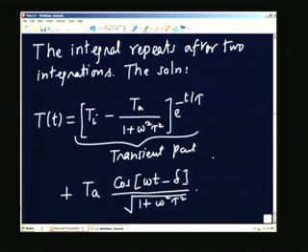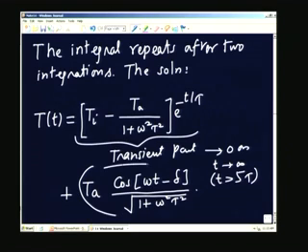Again, the transient part tends to 0 as t tends to infinity, which means for t greater than about 5 tau, let us say. So, as the time becomes larger and larger, the response is given by the second part. This is called the steady state response.